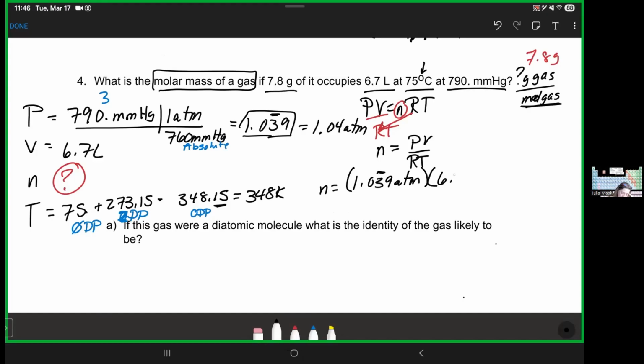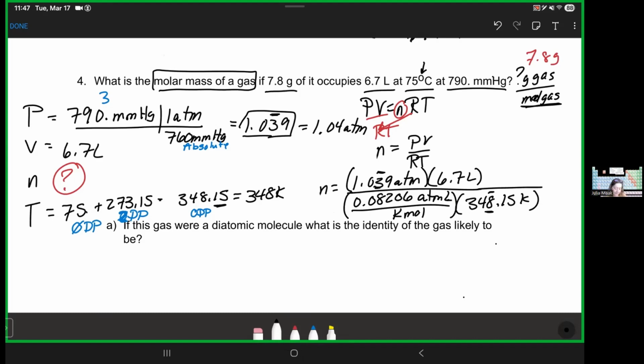My volume is 6.7 liters. R is 0.08206 ATM liters over K-mole. And my temperature was the 348K, and we could leave in the 0.15 if you wanted to. And that 8 is my sig fig there.